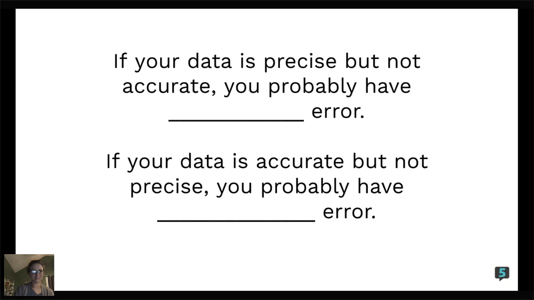I know it seemed like we had a little bit of a glitch earlier. Does anybody have a guess for this first one? So you're getting similar measurements every time, right? Your data is precise, it's repeatable, but it's off. It's not where it's supposed to be. So it's wrong in the same way every single time. What type of error does that describe?